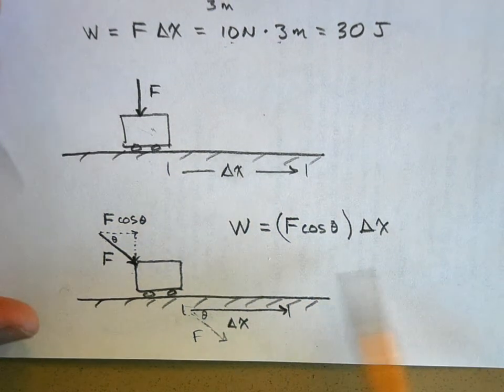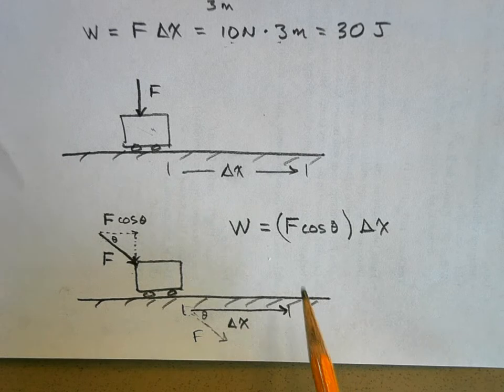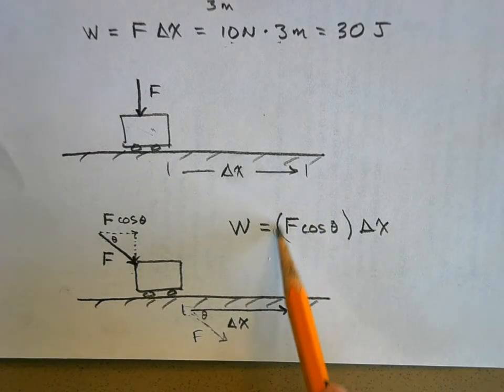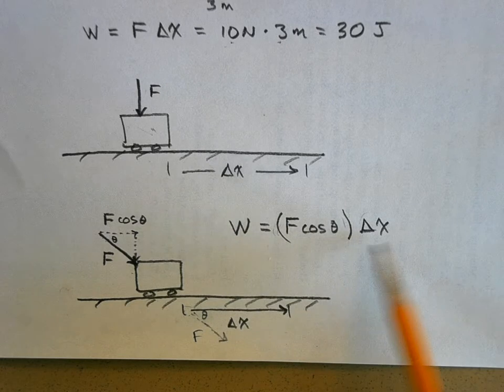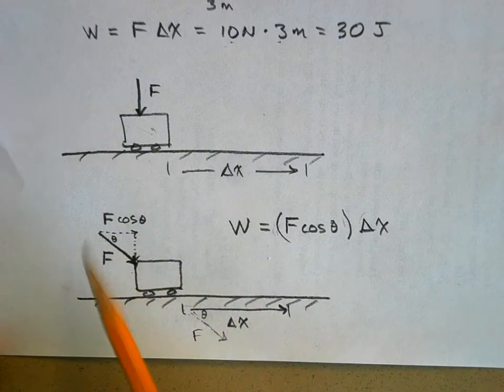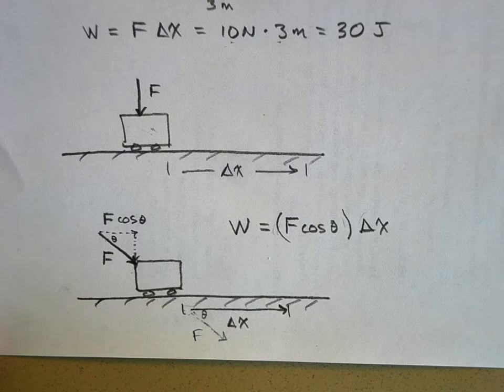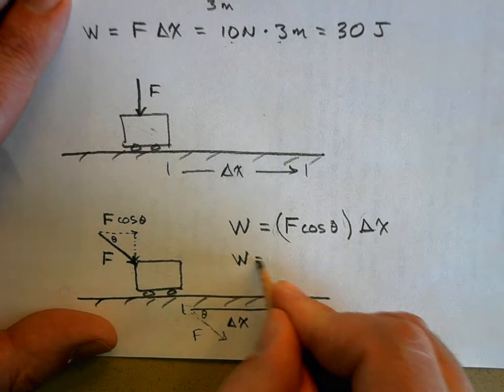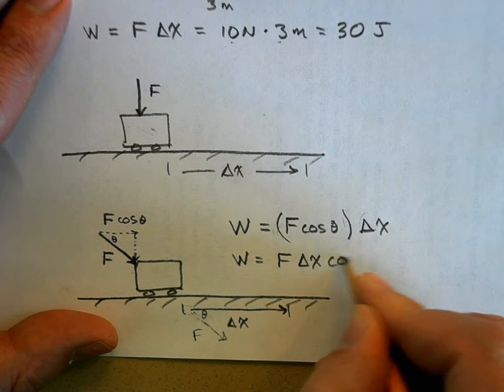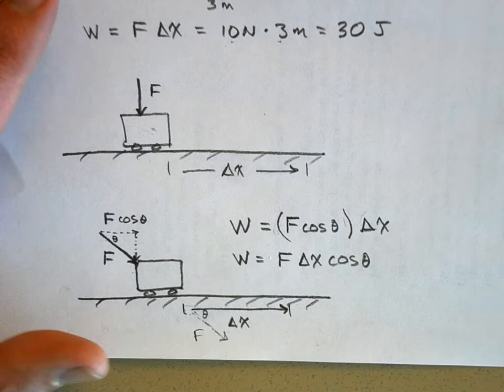Now, this means this is the part of the force that's in the same direction as delta x. Now, I'm restricting it here to delta x because that's what I drew in the problem. Let me rearrange it, though. This is F delta x cosine theta.